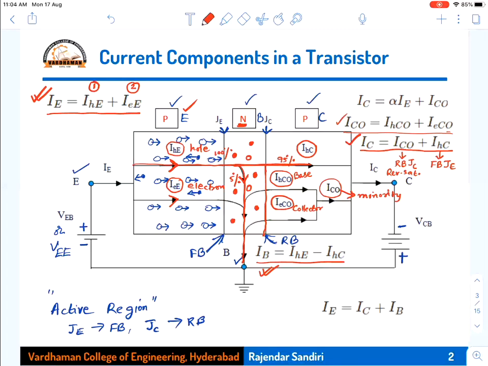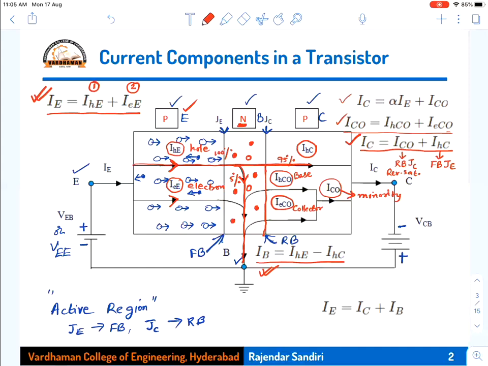Next, coming to the first equation, IC equals alpha IE plus IC naught. The first and last equations are almost the same. The last equation is IC equals IC naught plus IHC.